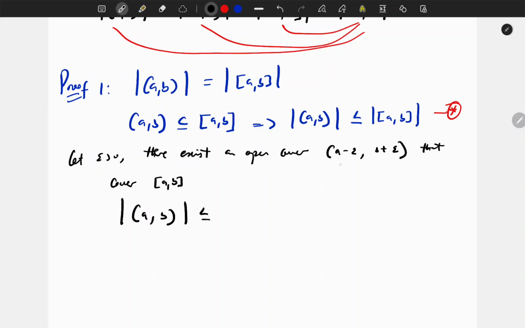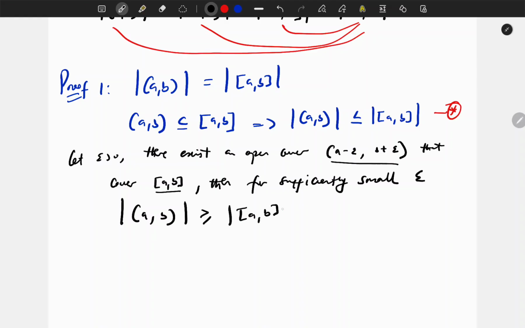So since this open interval can cover this, then for sufficiently small epsilon, the outer measure of this open interval should be greater than the outer measure of [a,b] minus 2 epsilon.